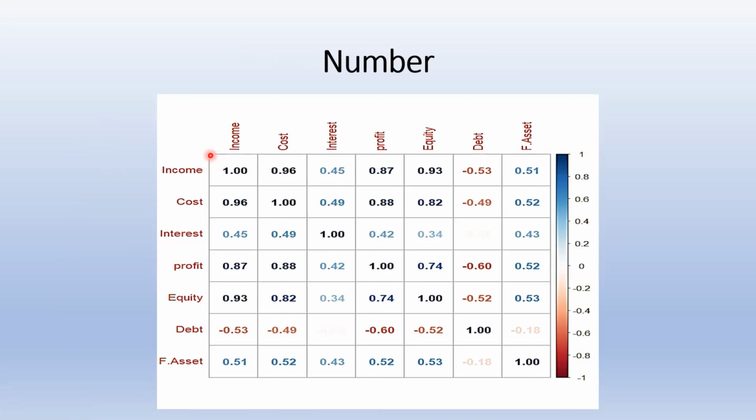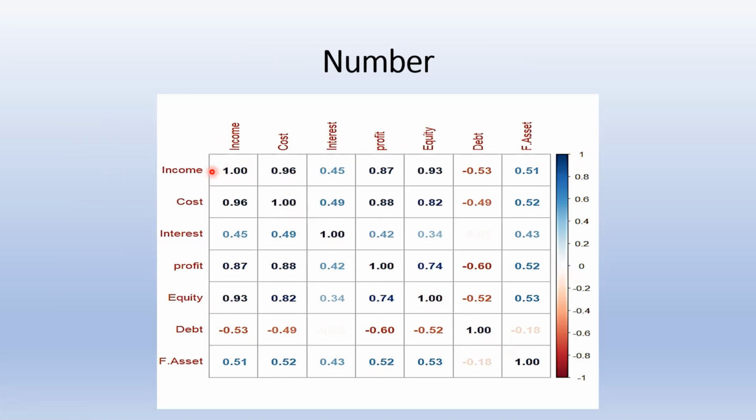And in this plot you can find numbers with different colors. Now this is a diagonal, and you can find the number 1 on this diagonal. Why do we find this number 1 on this entire diagonal? Because it is the relationship of a variable with itself.